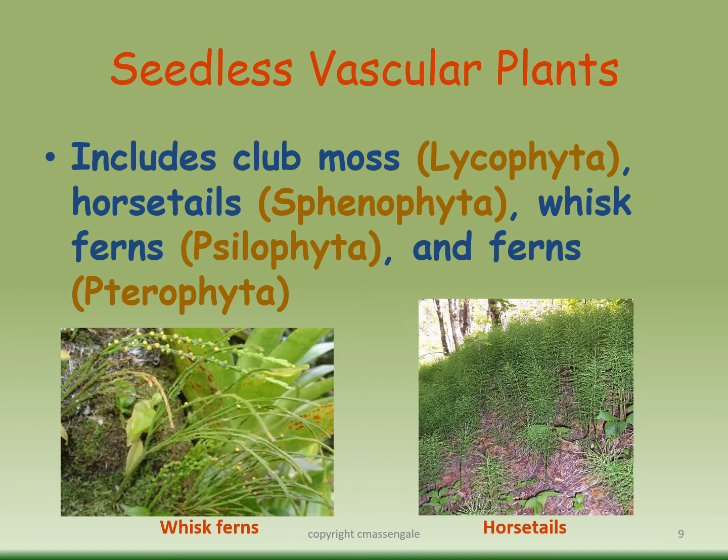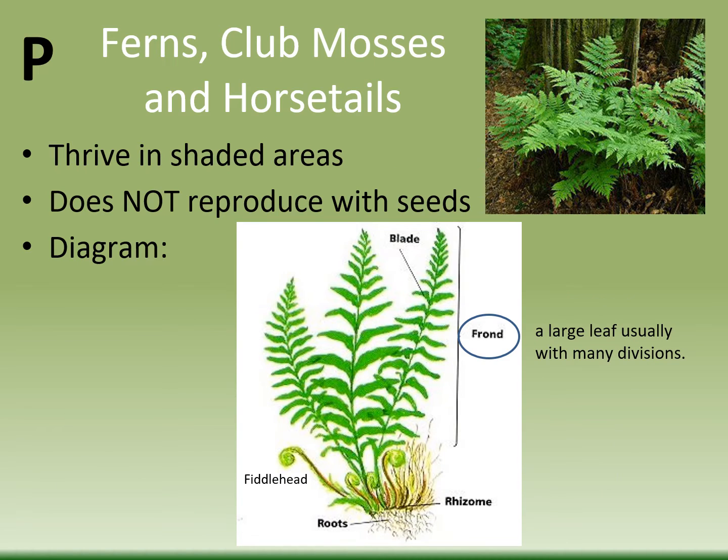Seedless vascular plants, or no seeds, but they have vascular tissue, are your different types of ferns and horsetails. Club moss is a type of fern or horsetail as well. Don't let the name fool you. We see ferns all the time in our forest. They grow wild up here, which is really cool.